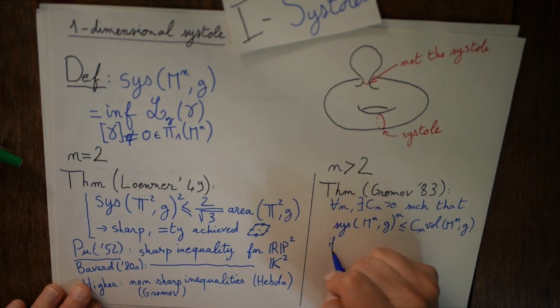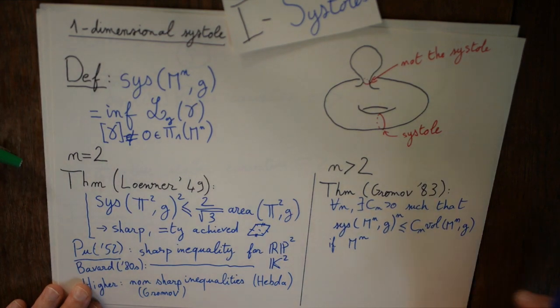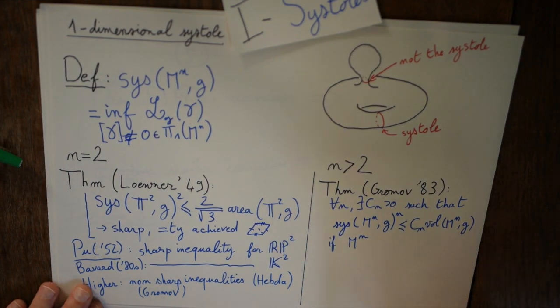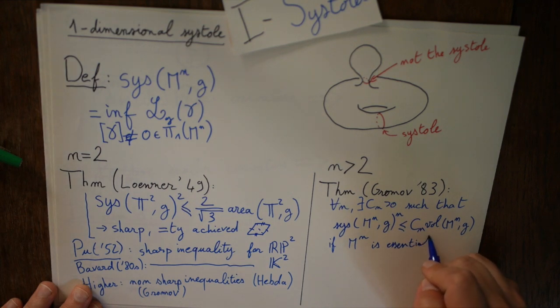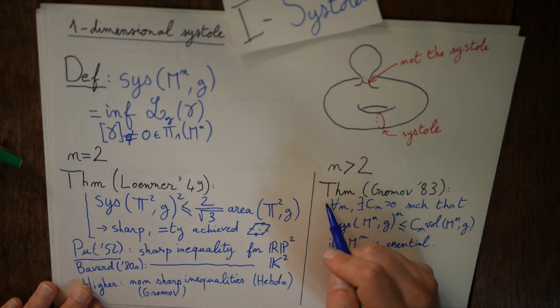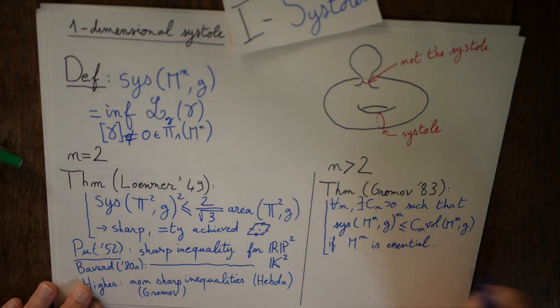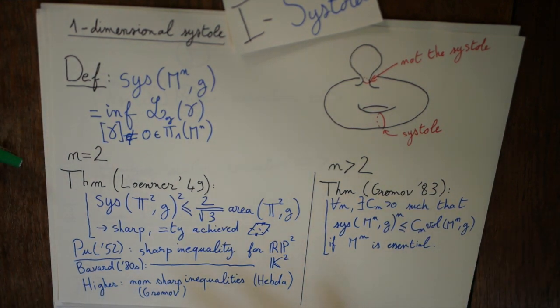This holds with one topological assumption, which is a bit complicated, so I won't state it precisely, but I will give examples. So if M^n is what is called essential. If you look at manifolds like S1 times a round sphere, for instance, you can see that you need some control of the topology. Basically, there needs to be enough topology in dimension 1, more or less.